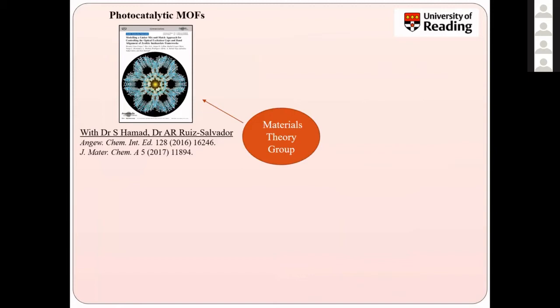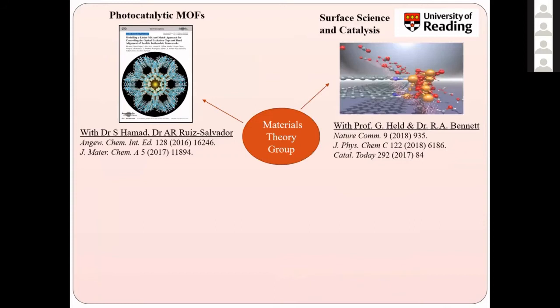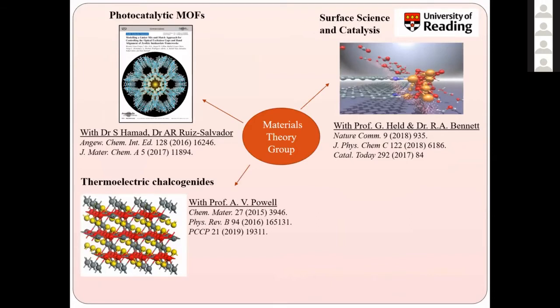So in my group at Reading, in addition to site disorder, we are very interested in photocatalytic metal organic frameworks and surface science and catalysis with these collaborators, Georg Held and Troy Bennett, and in thermoelectric materials in collaboration with the experimental group of Professor Anthony Powell.